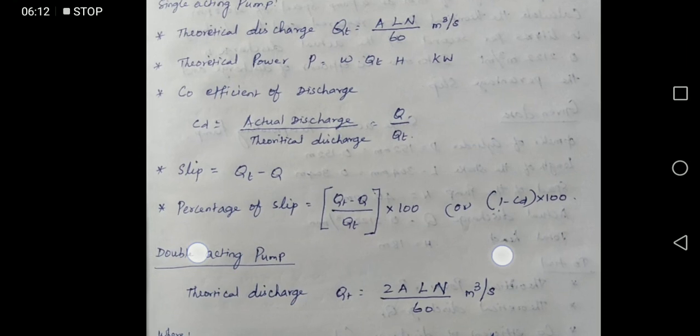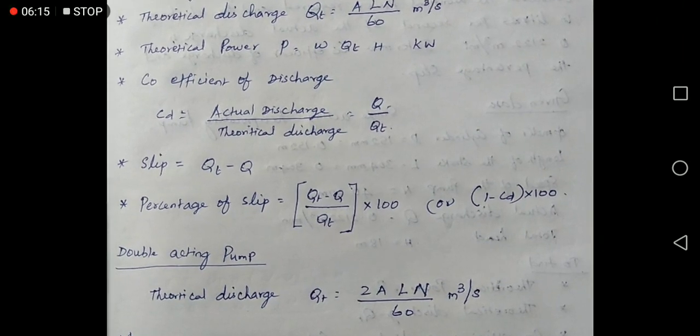Then we find the slip. Slip is nothing but Q_T minus Q, theoretical discharge minus actual discharge. The percentage of slip is this multiplied by 100, or by another formula, 1 minus C_D, where C_D is the coefficient of discharge, multiplied by 100, gives the percentage of slip.